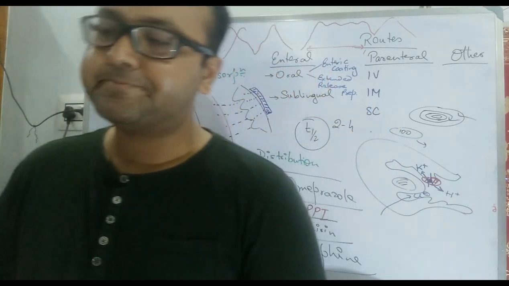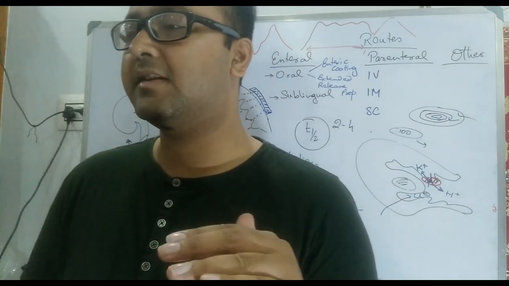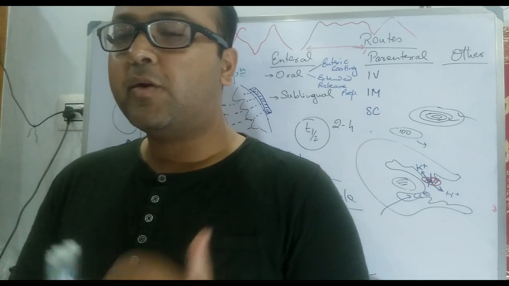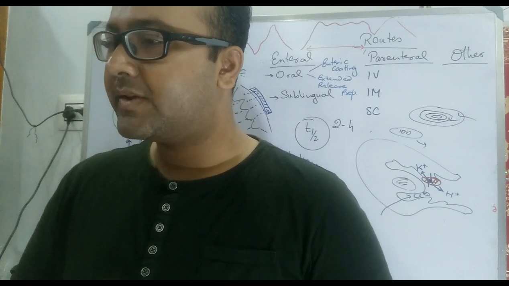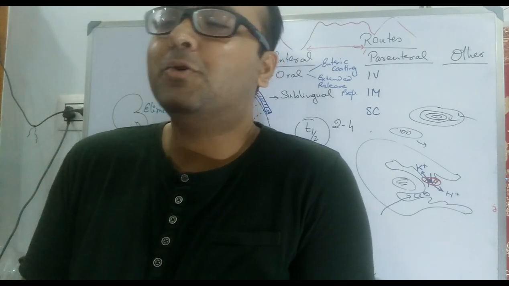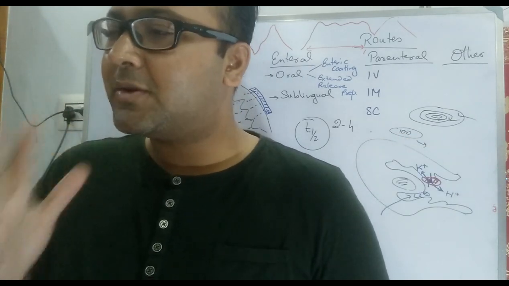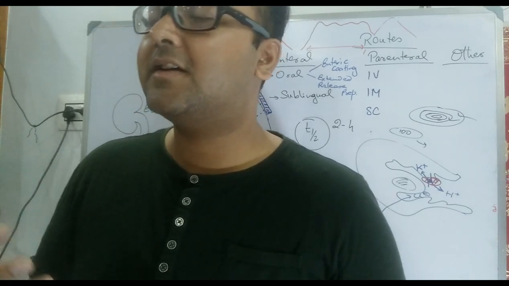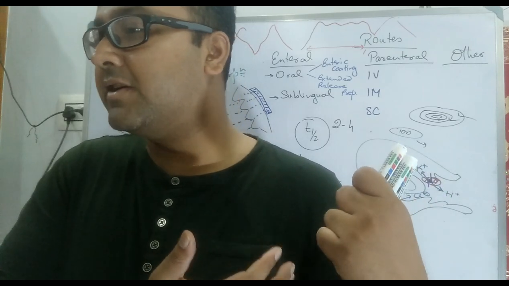Now, the next thing is, since the mucosa is very thin, there will be easy absorption. If there is easy absorption, the drug goes directly to the bloodstream. And if the drug goes directly to the bloodstream, now you enjoy all the good things about the parenteral route. That means the drug goes directly to the bloodstream, so it will spread rapidly through the body, and after that it will bypass the metabolism process by the liver.